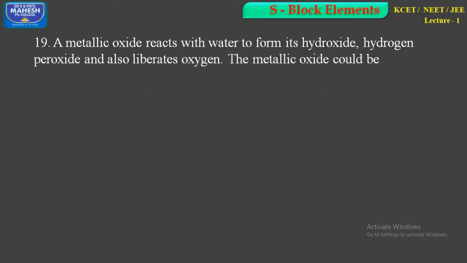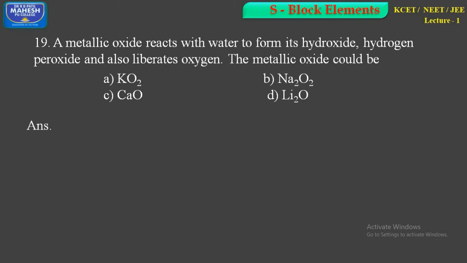Question 19. A metallic oxide reacts with water to form its hydroxide, hydrogen peroxide, and also liberates oxygen. The metallic oxide could be option A, potassium dioxide. Option B, sodium peroxide. Option C, calcium oxide. And option D, lithium oxide.